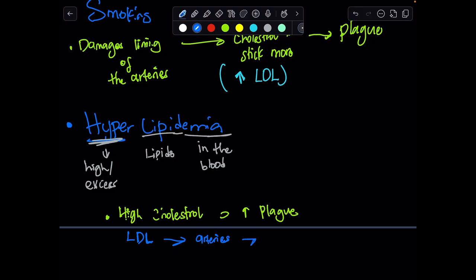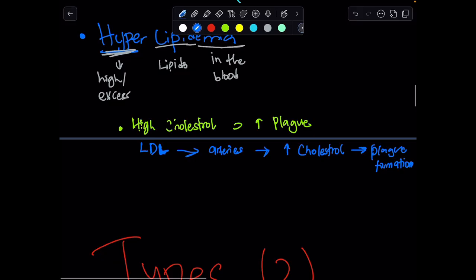And when he leaves it there, cholesterol increases, and increased cholesterol leads to plaque formation. Get it? So that's basically how hyperlipidemia causes coronary artery disease.